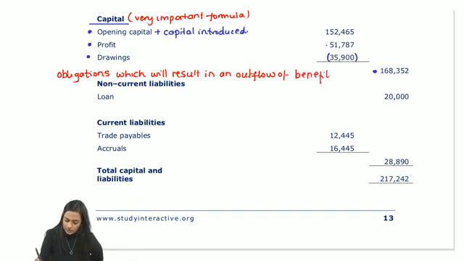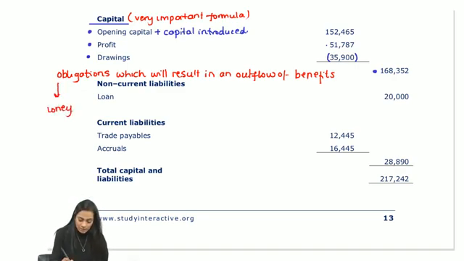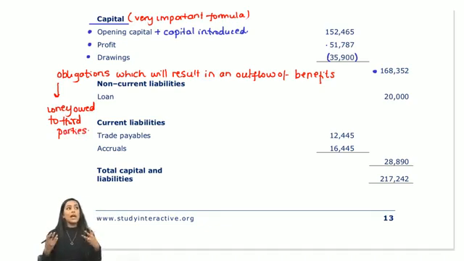Okay. Liabilities are obligations. So I'll simplify it down to money owed to third parties. So a liability is where you owe money to other people.